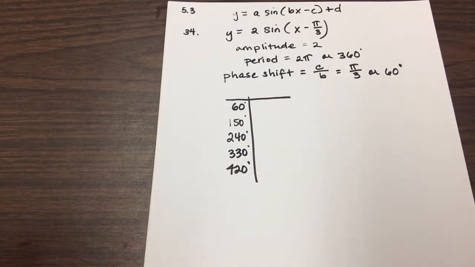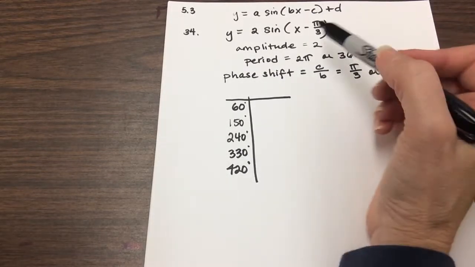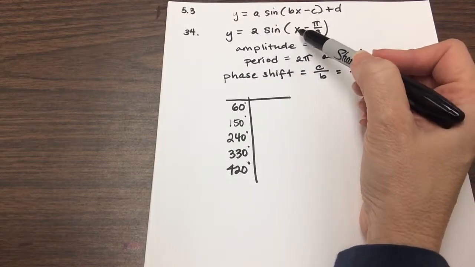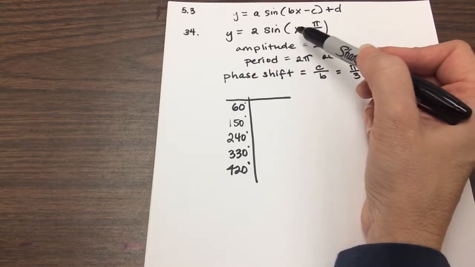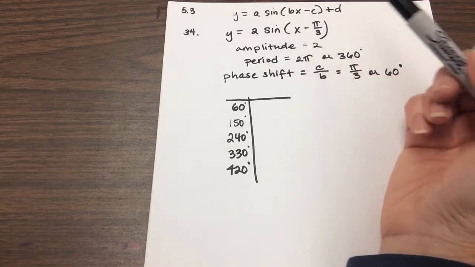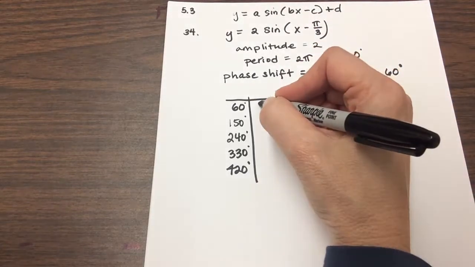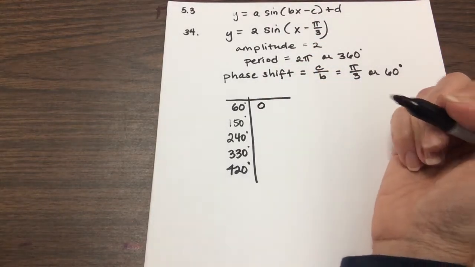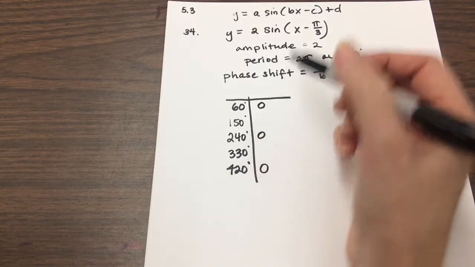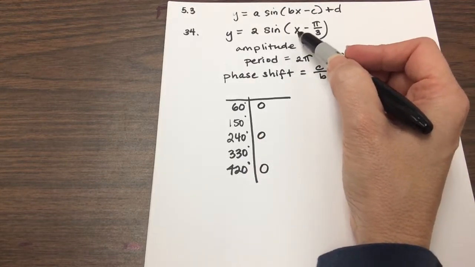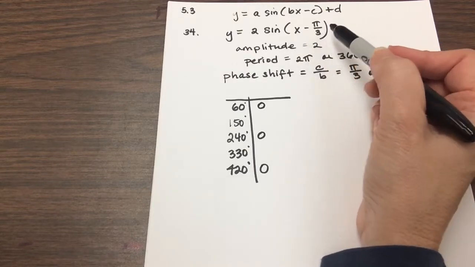Alright, now my values aren't going to change. If I plug in 60 degrees here, I get the sine of 60 minus 60, which is 0. The sine of 0 is 0 times 2, still 0. My zeros aren't going to change. My 1, if I put in 150 here, I do 150 minus 60.